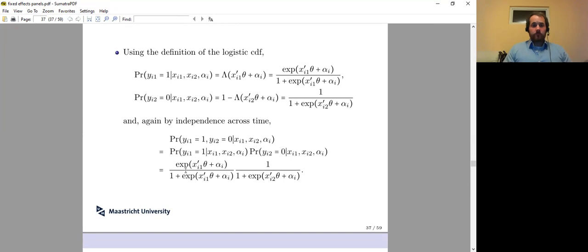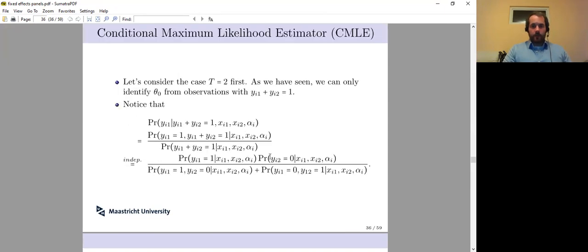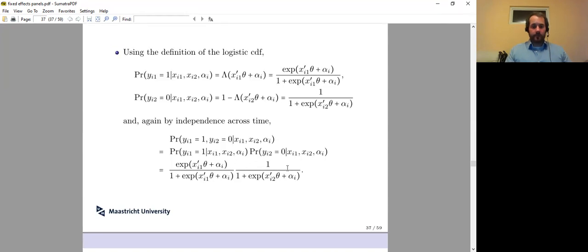So let's look at this. We know what this is. By the definition of the logistic PDF, this is simply the definition. And if the y is 0, it's simply 1 minus lambda, which can be written as this. So by independence across time, this term here in the numerator will be this.